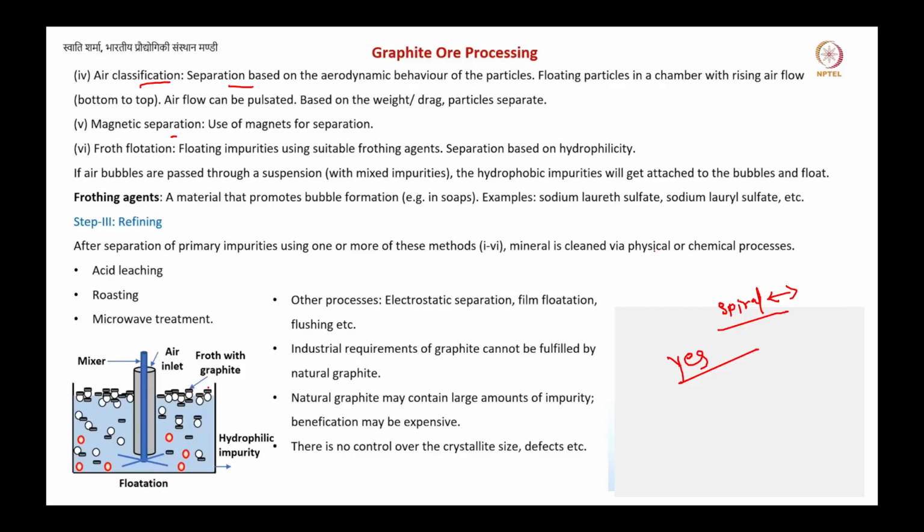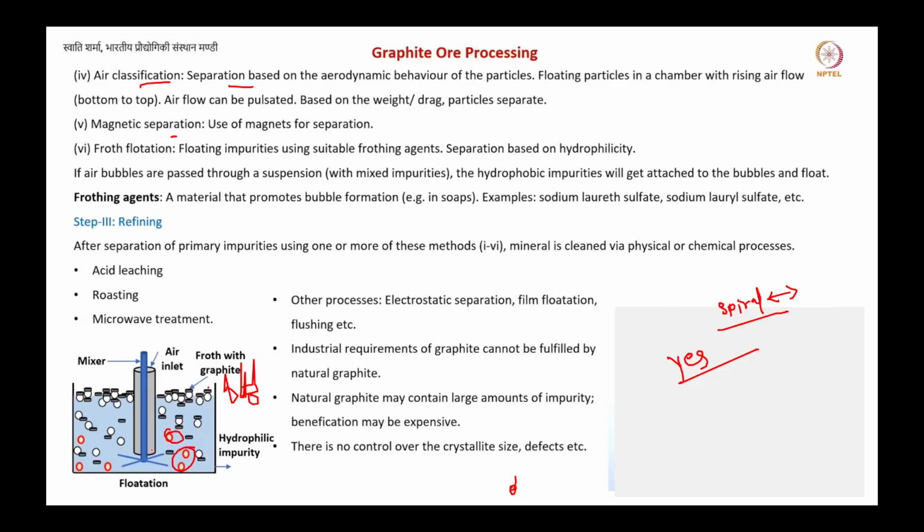These are your hydrophilic impurities, and this is your froth with graphite. The impurity which is hydrophobic in nature will get attached to the bubble. So these are the bubbles, and with the bubbles your material will attach. The material which you want to separate will come at the bottom. So this is on the basis of hydrophilicity.